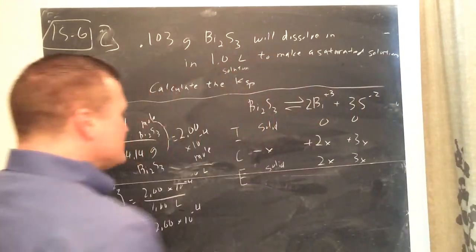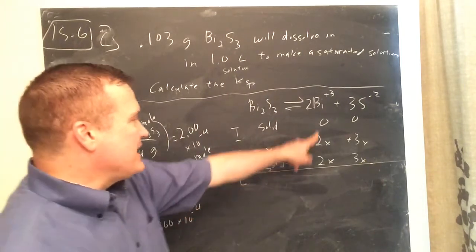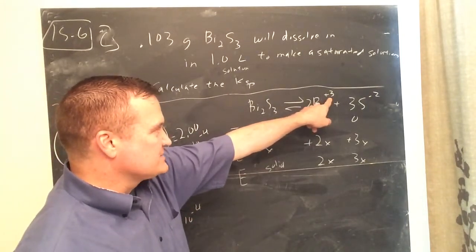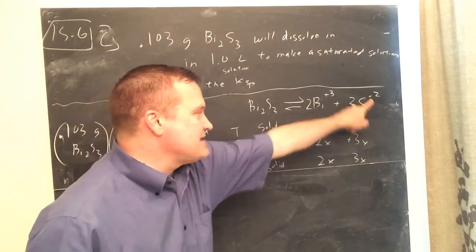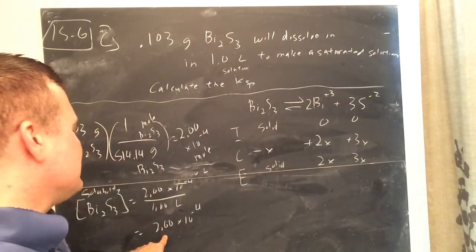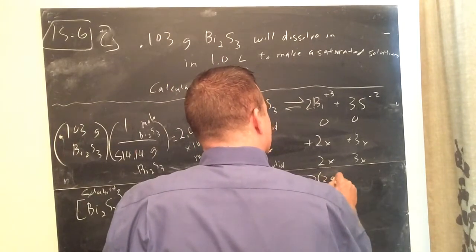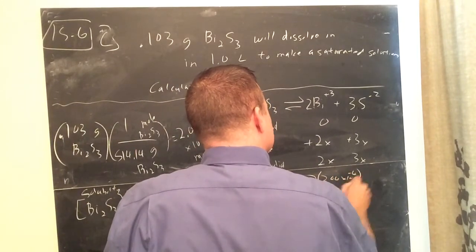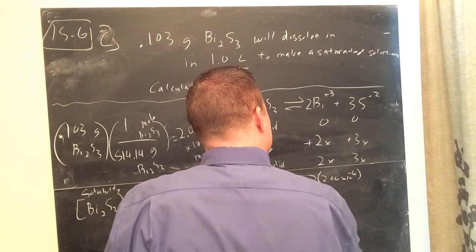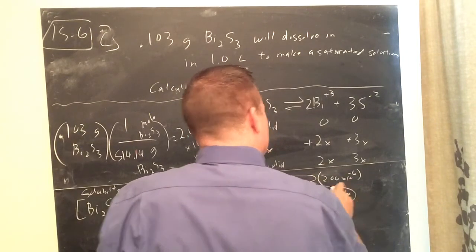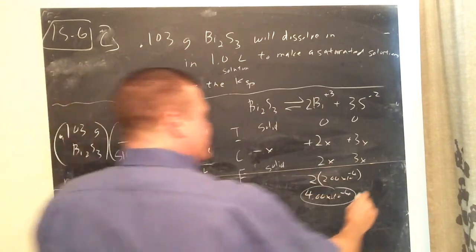Now, what you're going to have to do at equilibrium is find out what the bismuth 3+ molarity is and what the S 2- molarity is. So it'll be 2 times 10 to the negative 4 times 2 for that one. That's going to be easy, 2 times 2, 4 times 10 to the negative 4. And what will the 3x be? 3 times that.